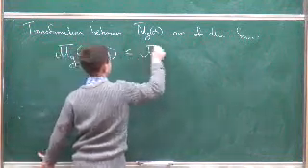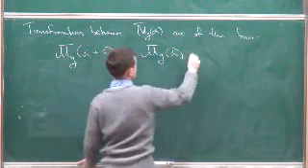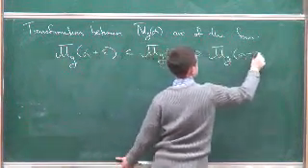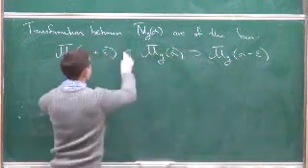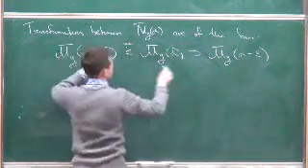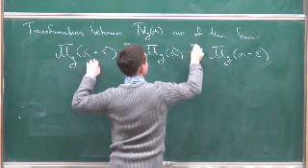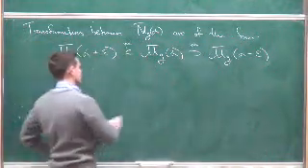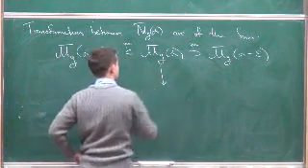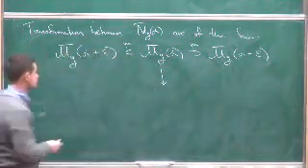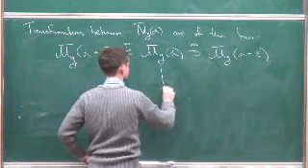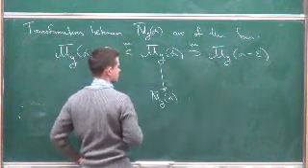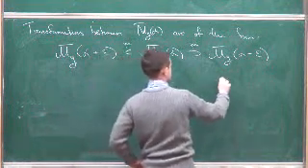So if alpha is a threshold value, then M_g of alpha contains as open substacks both M_g of alpha plus epsilon and alpha minus epsilon. And the resulting maps between moduli spaces induced by these open inclusions give rise to this diagram.